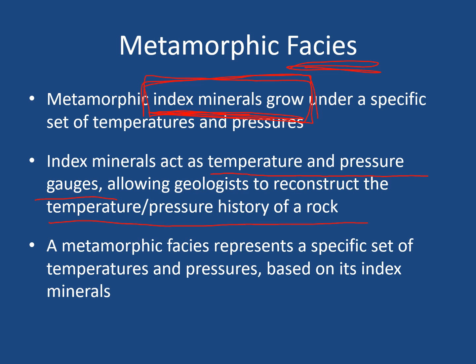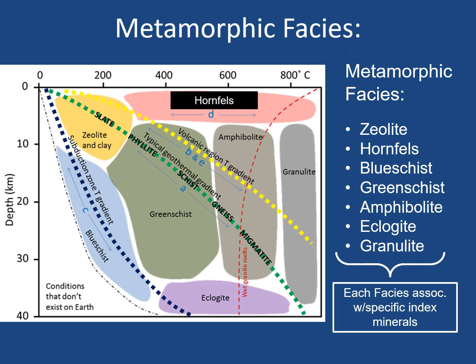And so what we mean by a metamorphic facies is essentially a specific set of pressures and temperatures we can infer about the history of the rock based on its index minerals. So let me show you in practice how we would use this concept to learn more about metamorphic rocks.